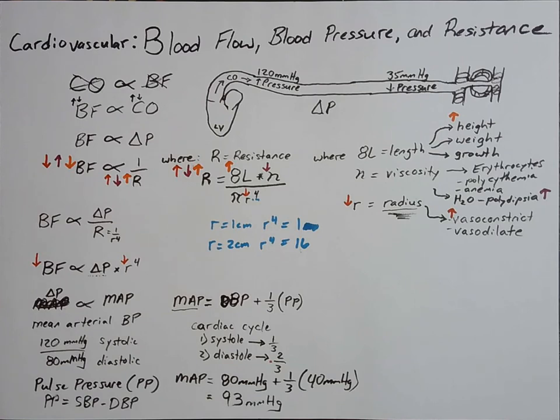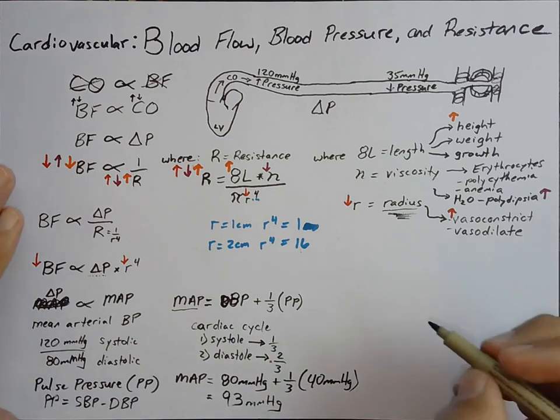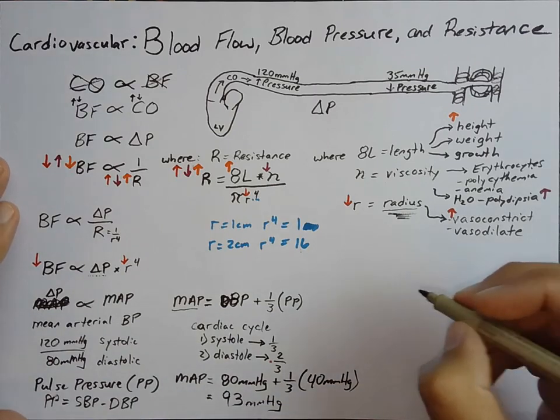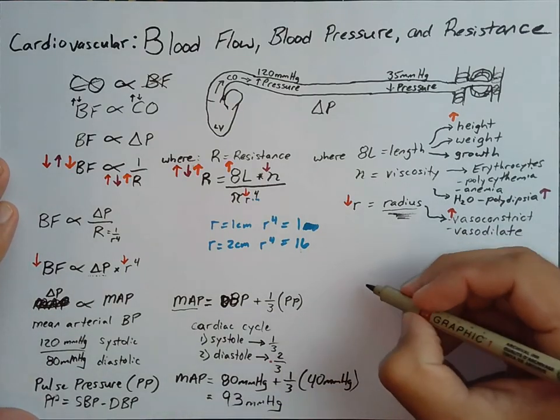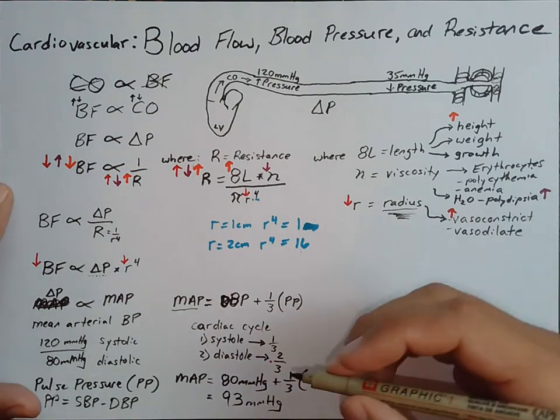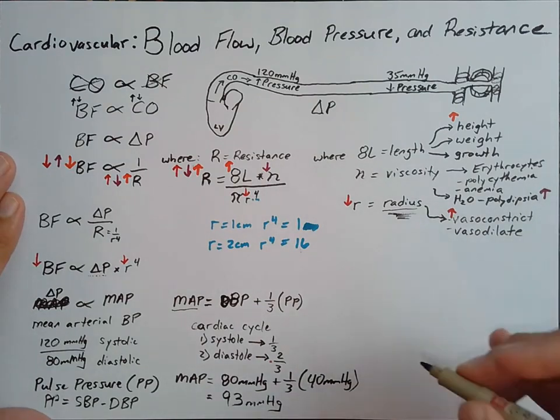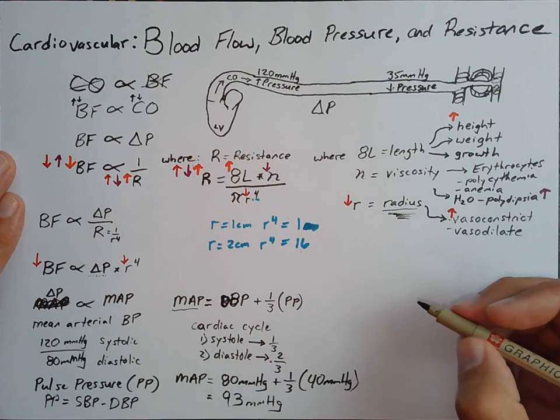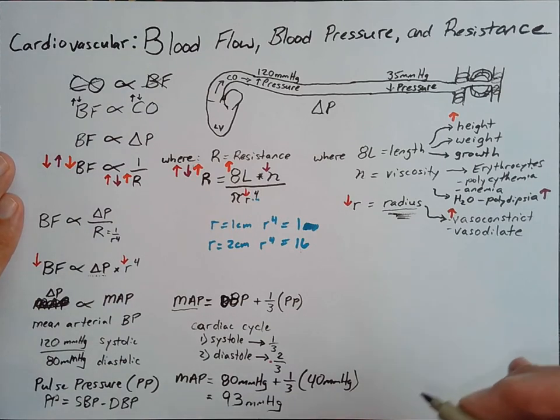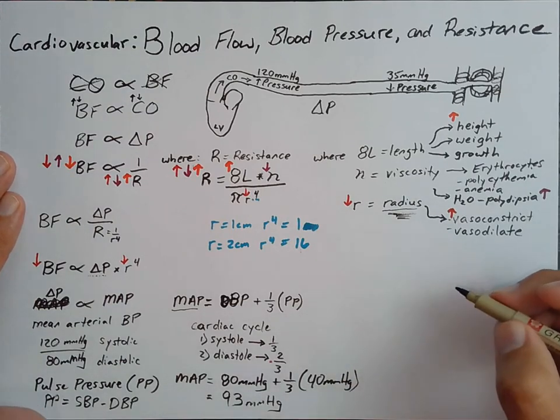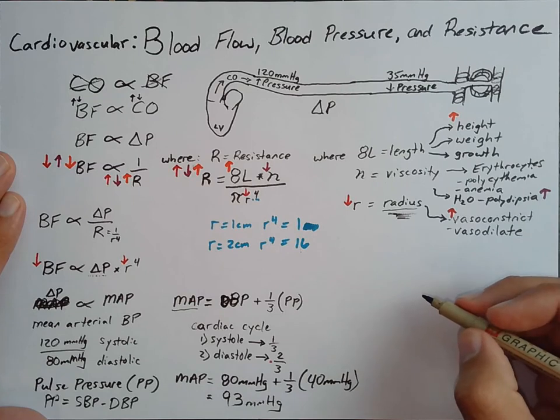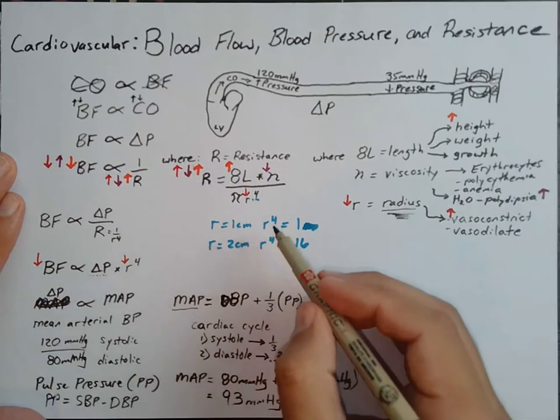And I always just talk it out. So mean arterial blood pressure, and this is where we're going to end this particular lecture, and then in the next lecture we'll dive back into mean arterial blood pressure and the intrinsic and extrinsic controls of that mean arterial blood pressure. So blood flow, we've talked about it.